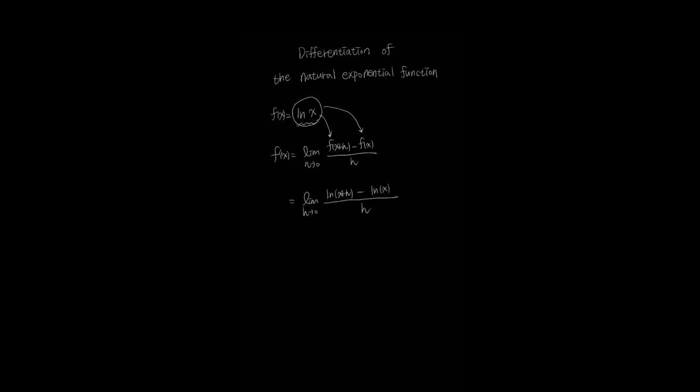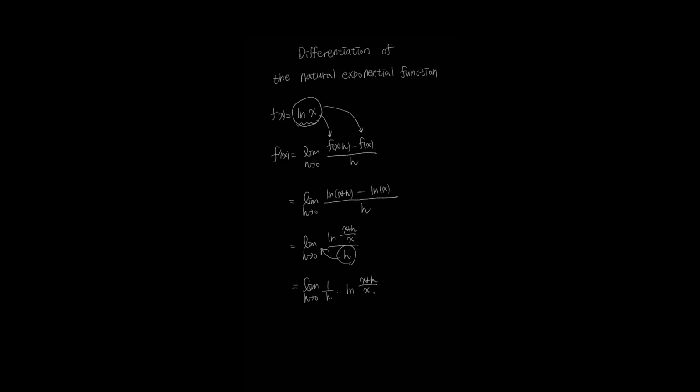And by the property of log, we can rewrite this like this, right? It is kind of hard to see, so let's put 1 divided by h out here, like this, and it would be ln of (x plus h) over x, right?